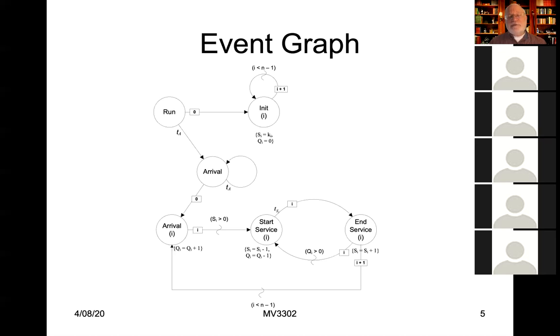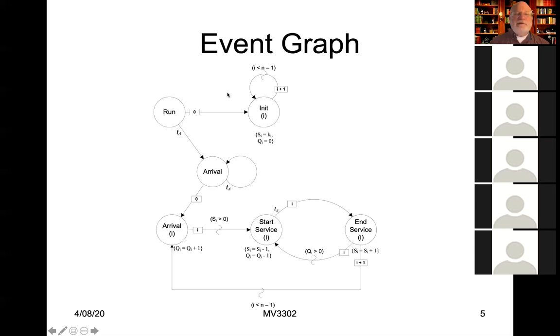Now, if you're thinking about a pure computer program, and I have an array that I need to initialize, how would I do that? Well, you would use a for loop.